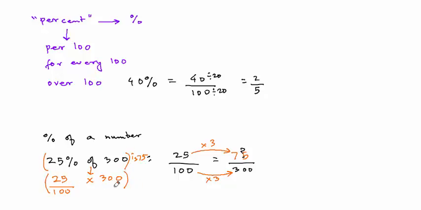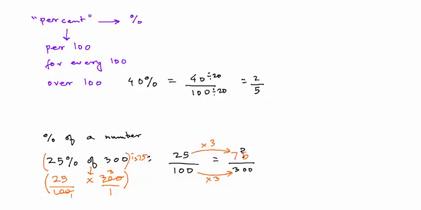And then you can go ahead and multiply this fraction with this number, write it as 300 over 1. You know what to do. Simplify 100 and 300, cross off, write a 3 here. 25 times 3 over 1 times 1, and that gives you 75 again. So you can think of this as a proportion and solve for the proportion, or you could think of this word "of" as a multiplication.